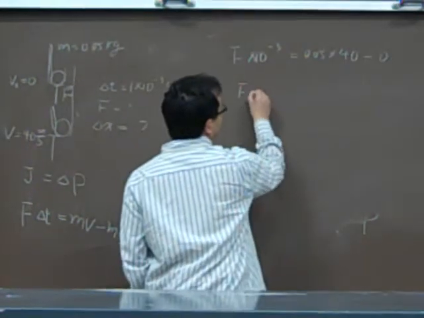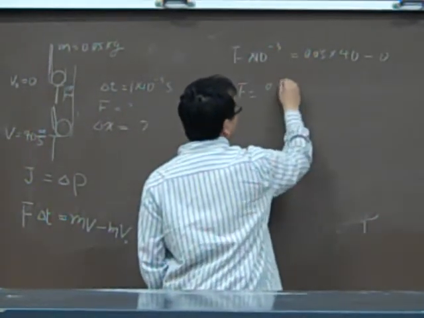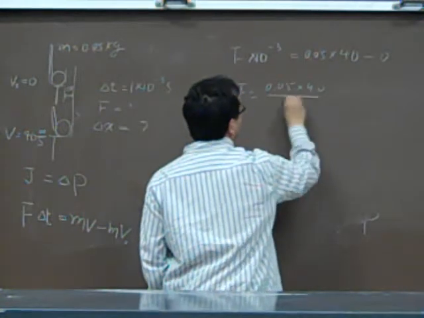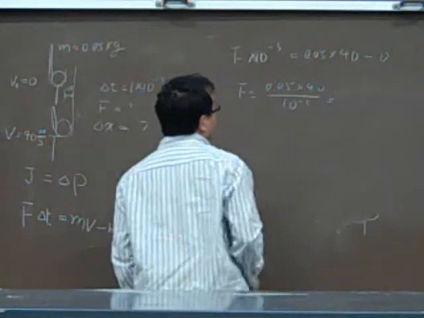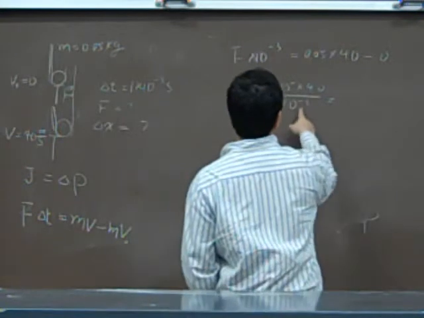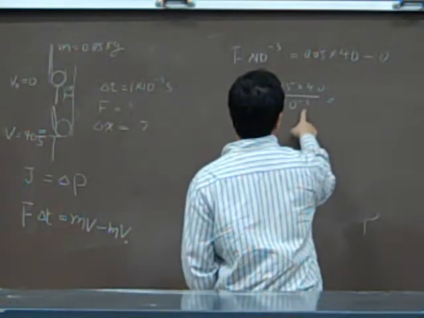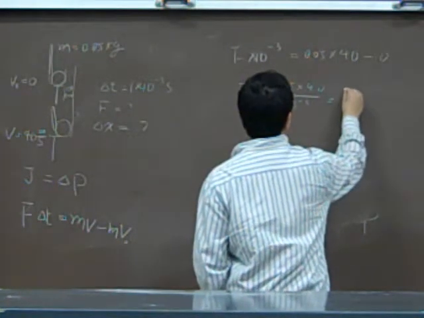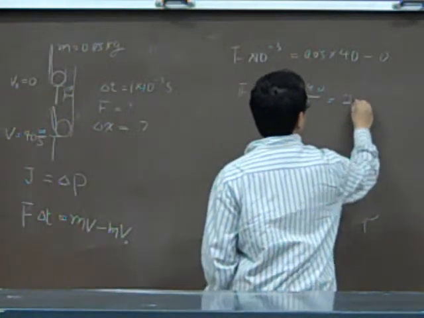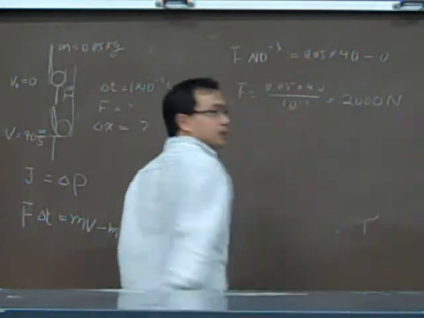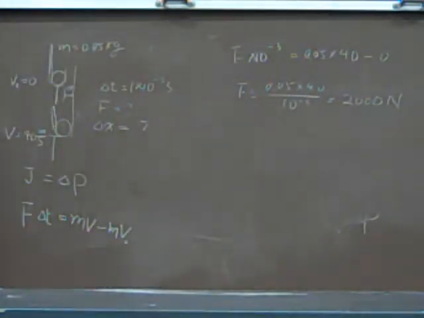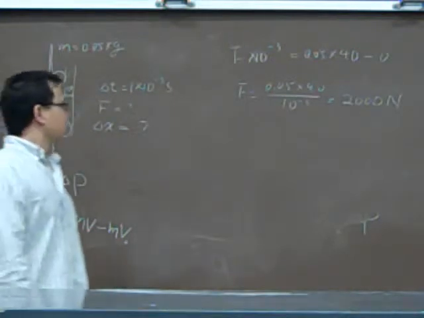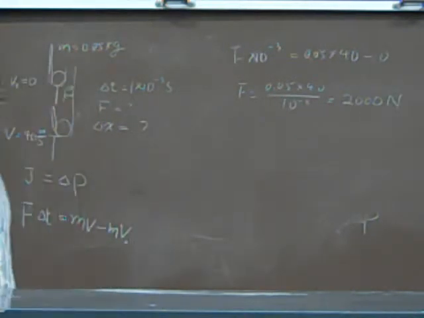So the force equals 50 multiplied by 40, so 2,000 newtons. So that's the force. Quite large, and it should be large because you hit it in a short time. Any question here?